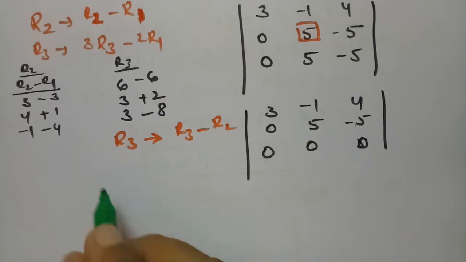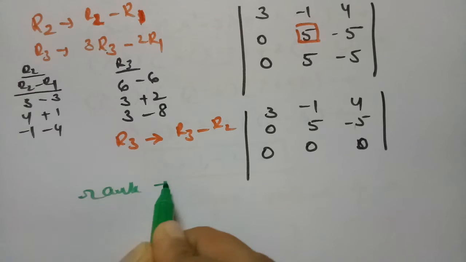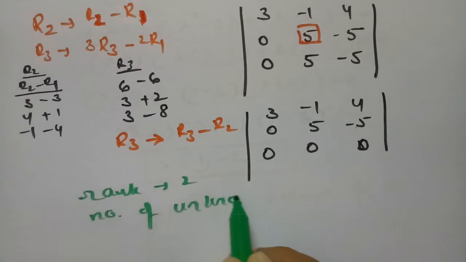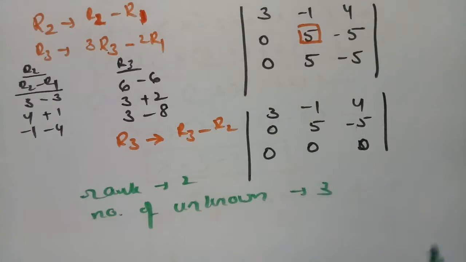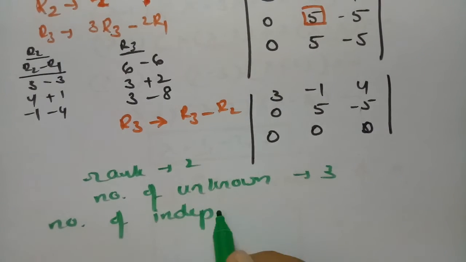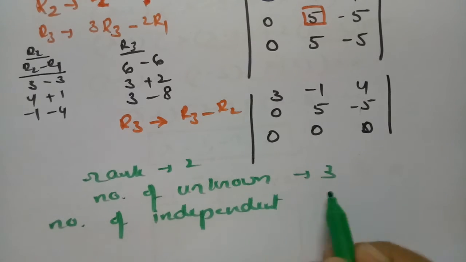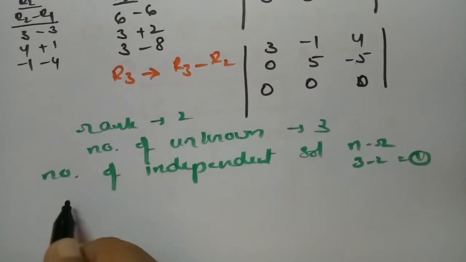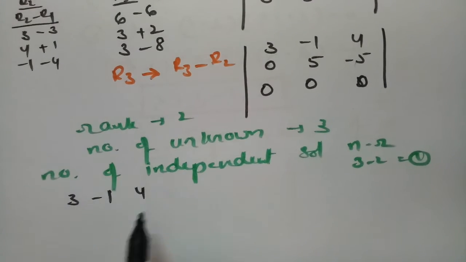The rank is again equal to 2. The number of unknowns is 3, and the number of independent solutions is n minus r, which is 3 minus 2, so 1 independent solution we can take of our choice.